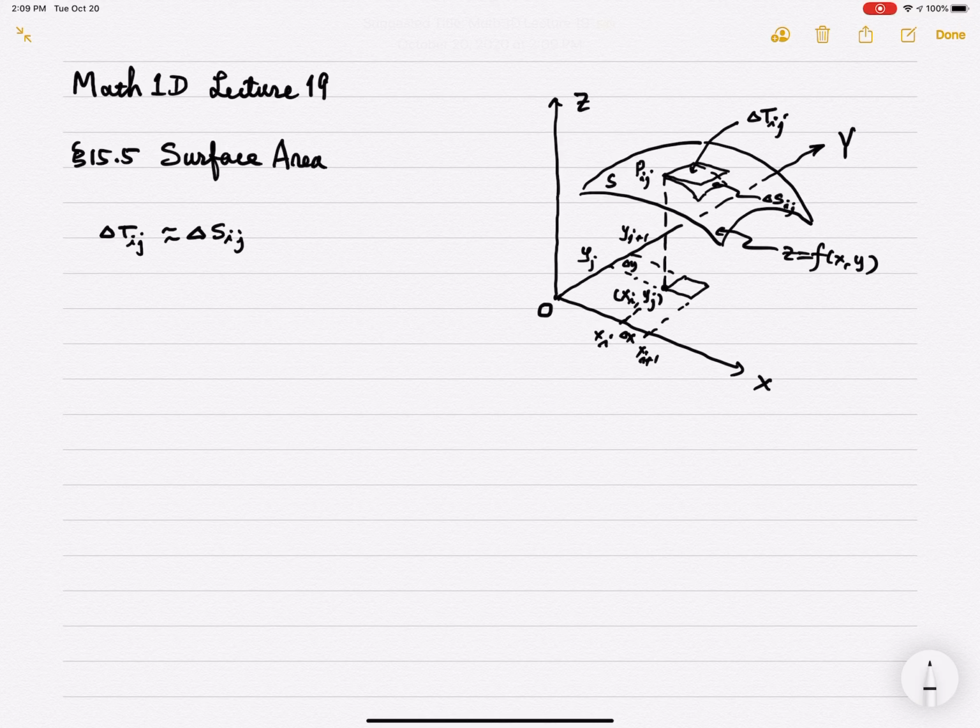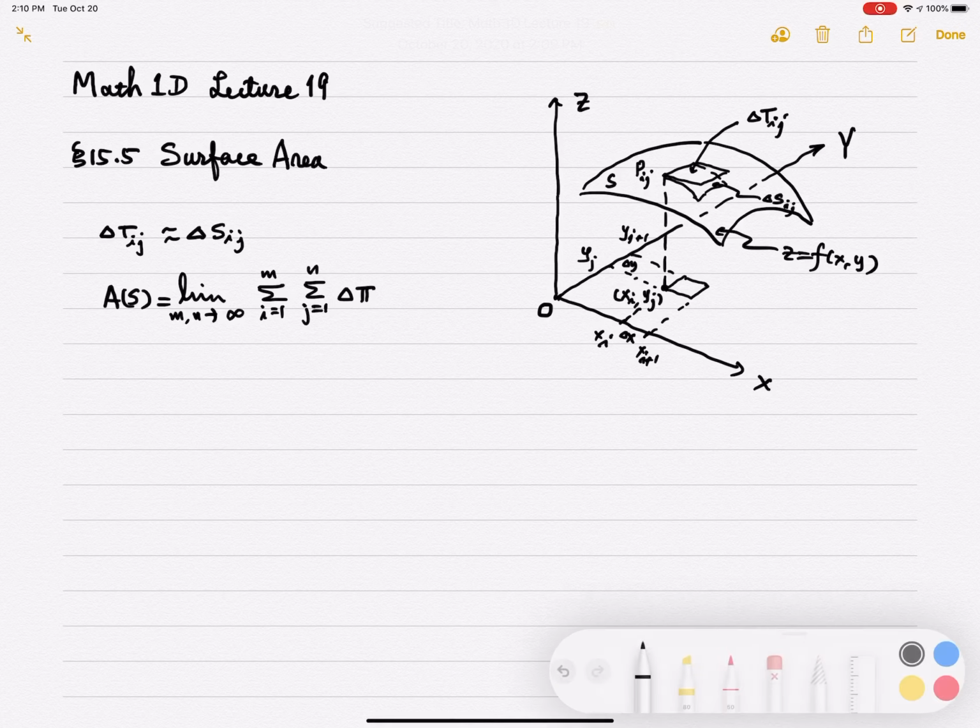So the area of S, the whole surface, is equal to the limit, as m and n approach infinity, of the summation over i from 1 to m, j from 1 to n, of delta Tij.